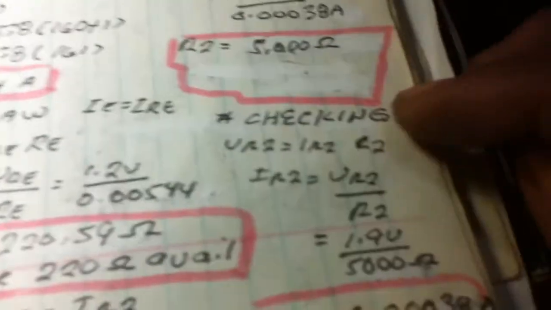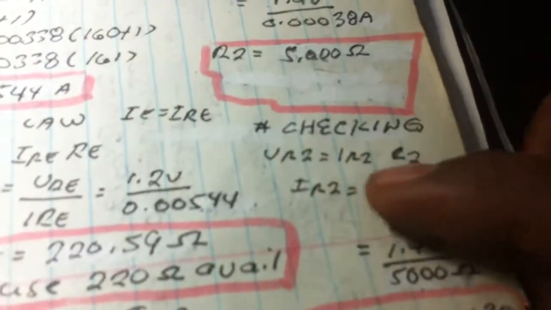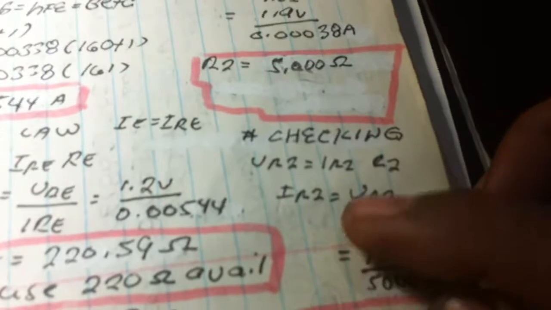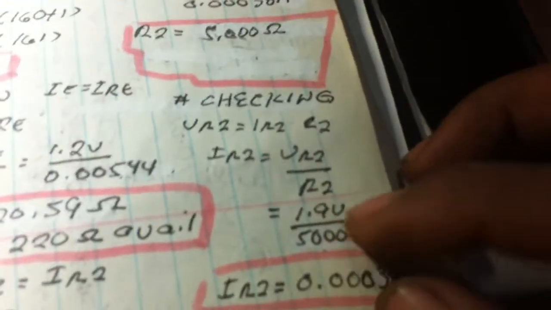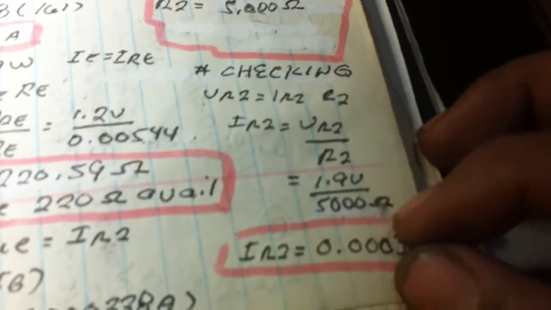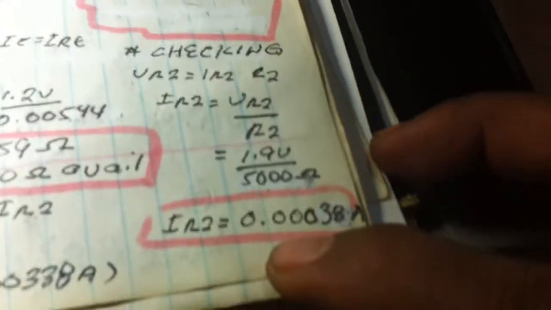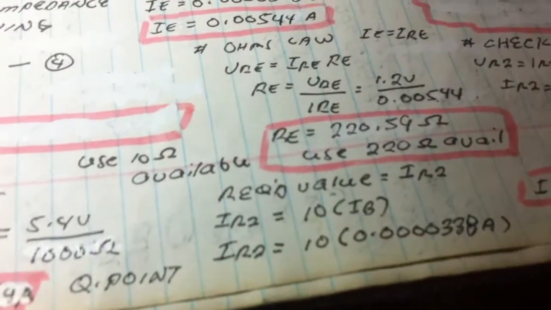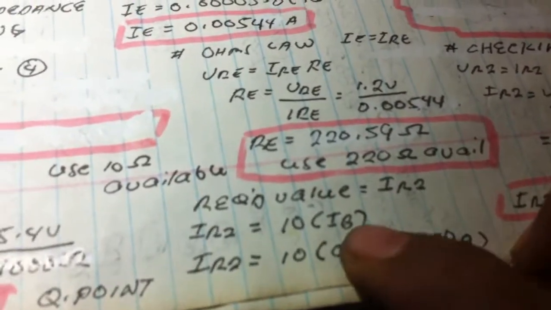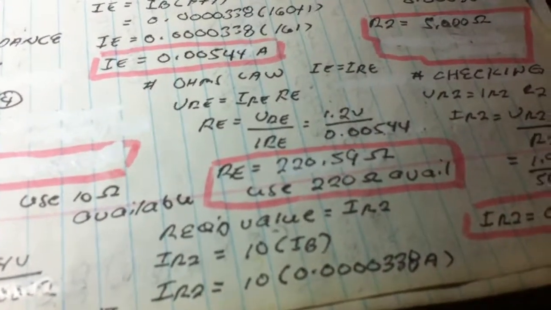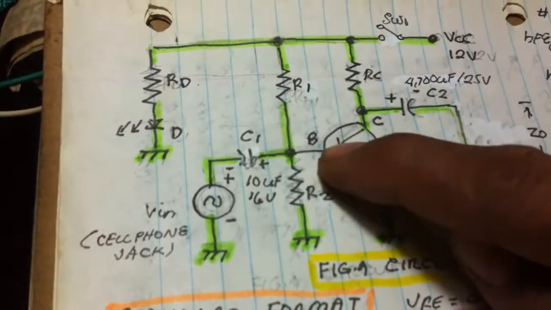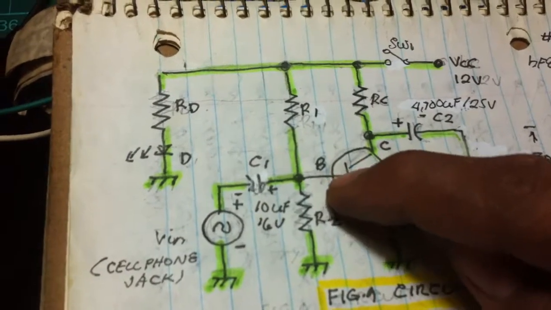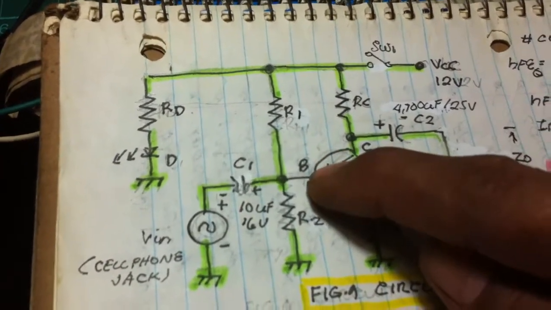For checking, using Ohm's law, IR2 is equal to the voltage drop over R. We know the values, 1.9 volts and 5,000 ohms. We got a current of 0.0038 ampere, which is 10 times the base current. So the required current that flows in the resistor we need, 5 kilo ohms, is 10 times the current that flows into the base.